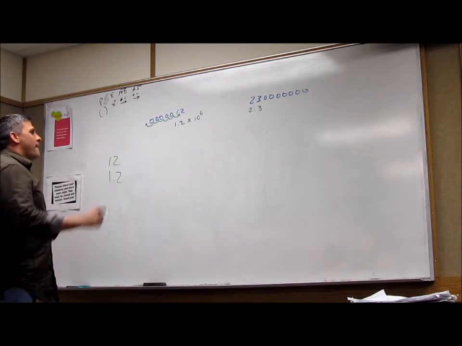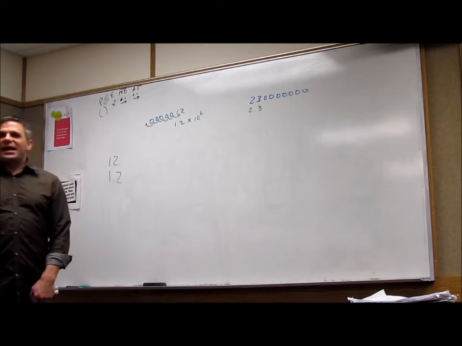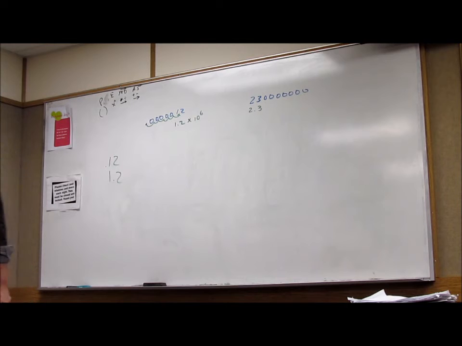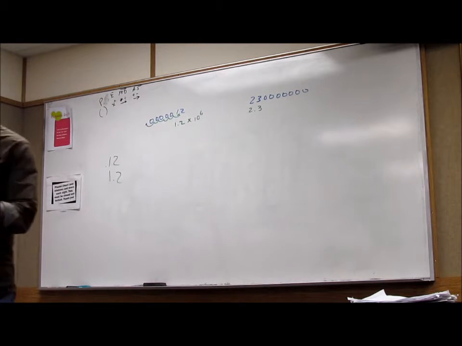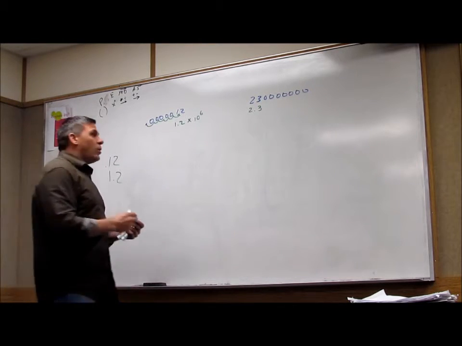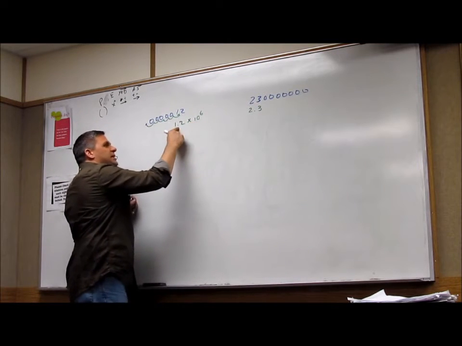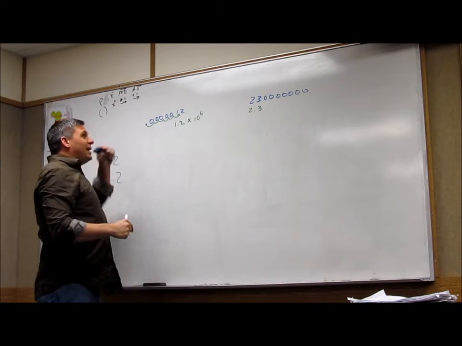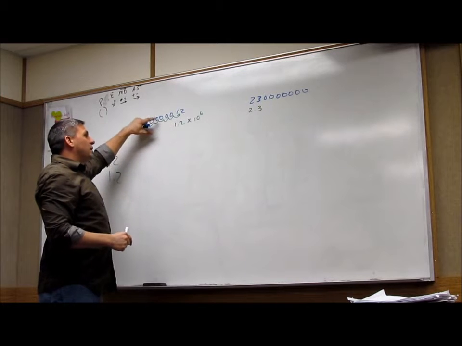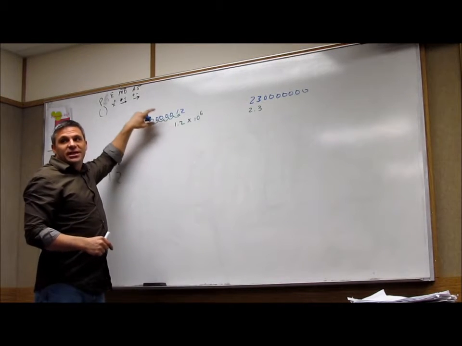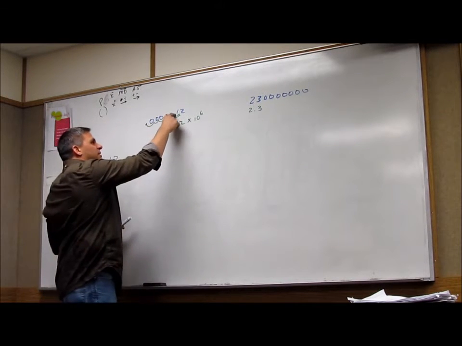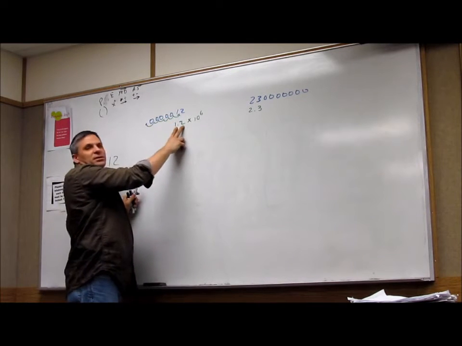Okay? But there's one last thing I need to know. Did I divide it to get it there, or did I multiply it by 10 to the 6th to get it there? So when I multiply this times this, is the number going to get bigger or smaller? So I look at this number and say, is this number bigger than this number?